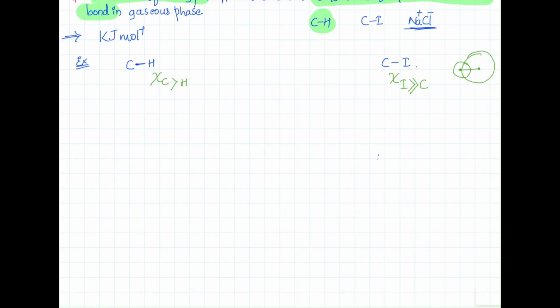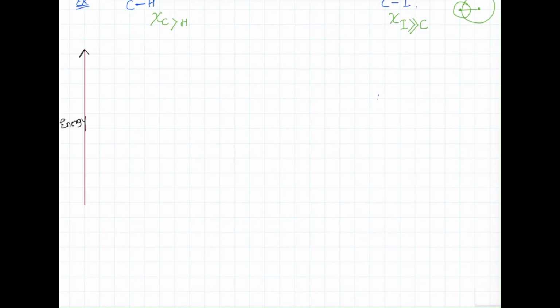Let us discuss the energy profile diagram of carbon and hydrogen. The bond between carbon and hydrogen is formed by overlap of the 2p orbital of carbon and the 1s orbital of hydrogen.